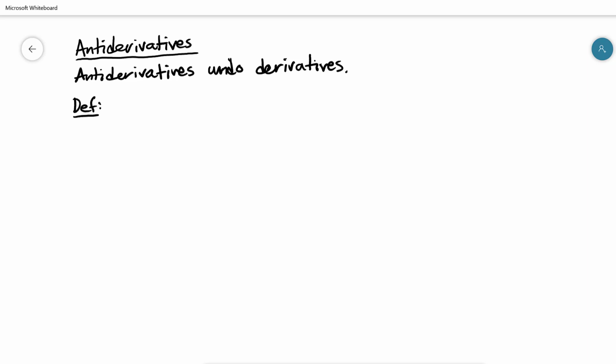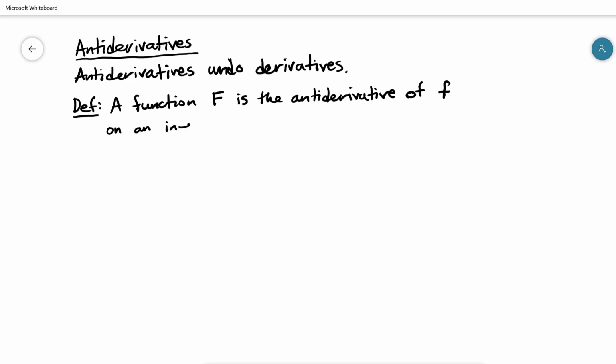So here is our definition. A function that I'll call capital F is the antiderivative of little f on some interval that we'll call I, so on an interval I, if when I take the derivative of the capital F, so F prime of x, I wind up with the lowercase f everywhere on that interval.